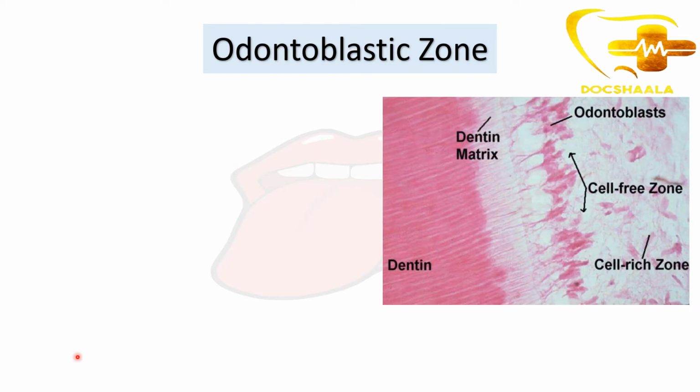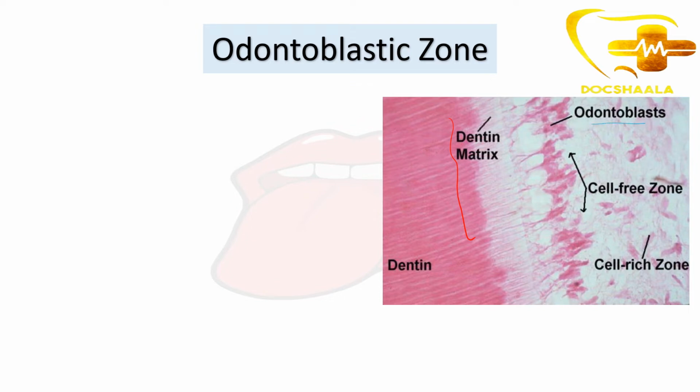First of all, let us see what the odontoblastic zone is. In this main histological image, this is dentin, and here we can observe the odontoblasts.